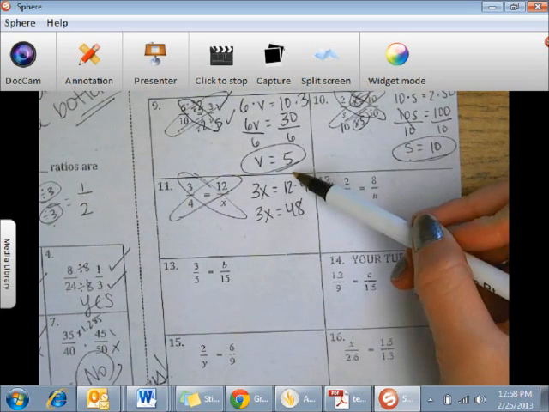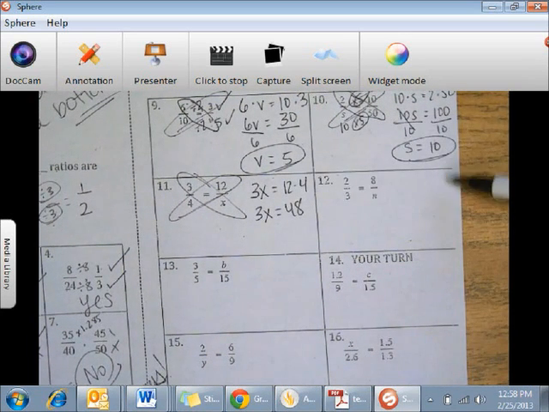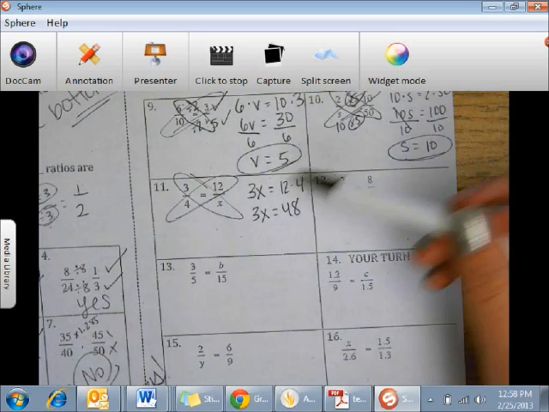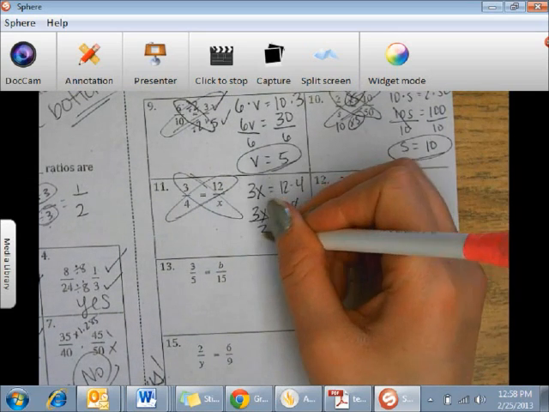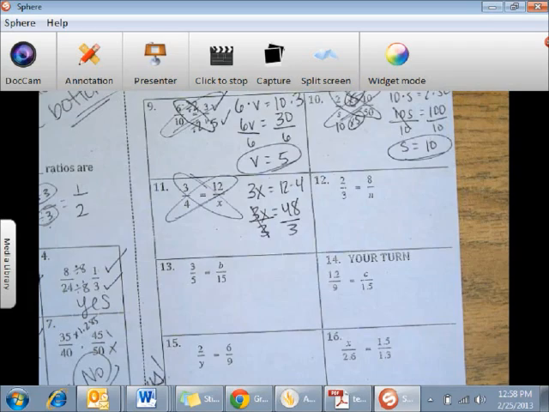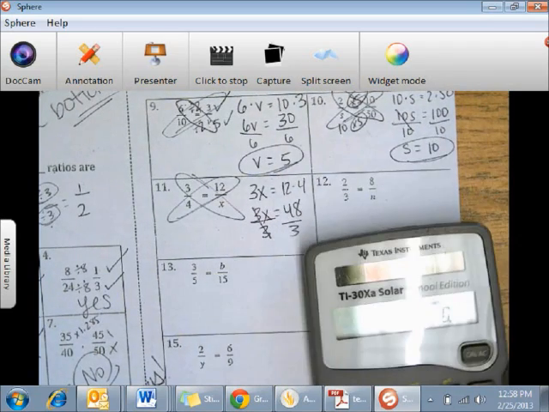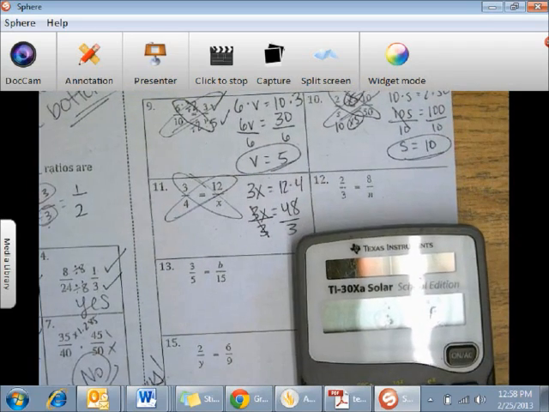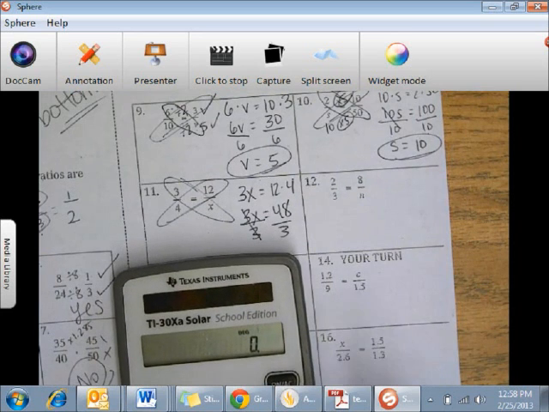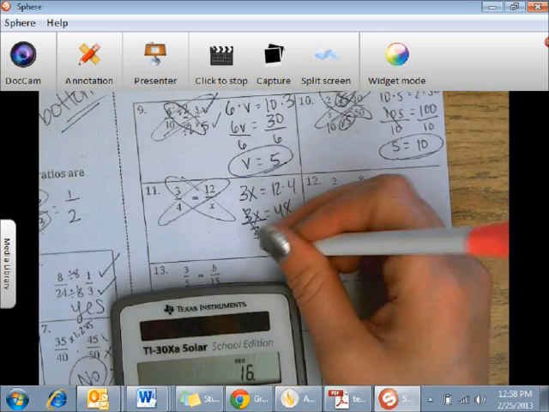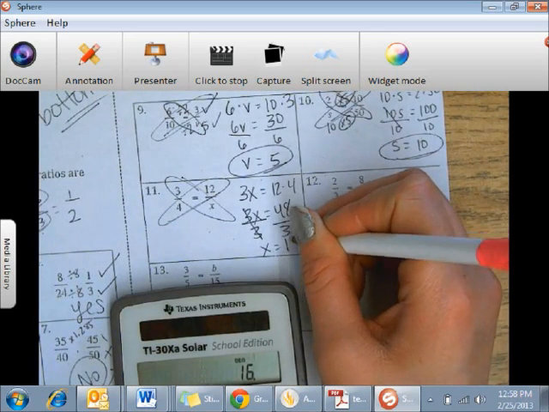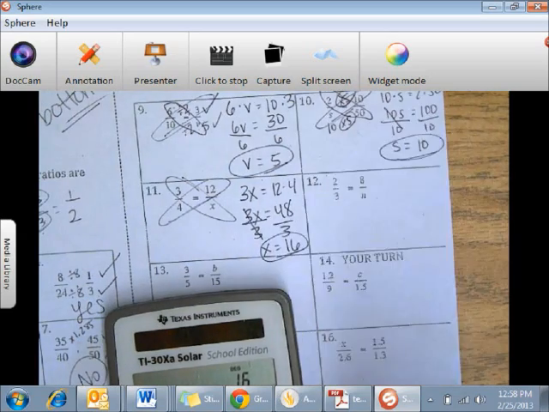If you knew 100 divided by 10 was 10, that's awesome. But here we're going to have to divide by 3. And if 48 divided by 3 is a little tricky for you, you can get your calculator and try typing it in on your own. 48 divided by 3 equals 16. Because we can use a calculator in this unit, so that's awesome. So 16 is equal to x.